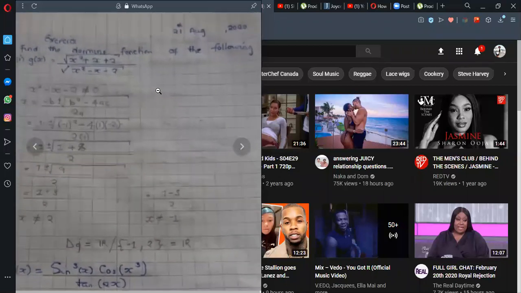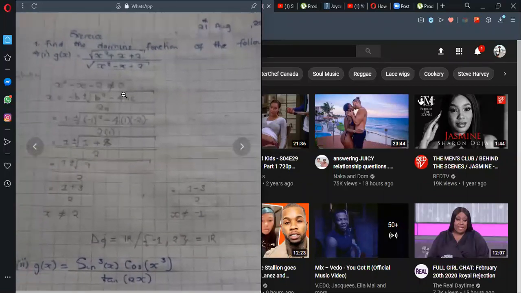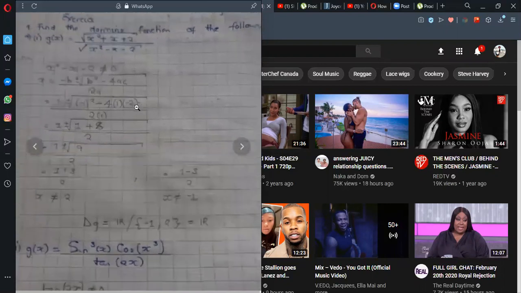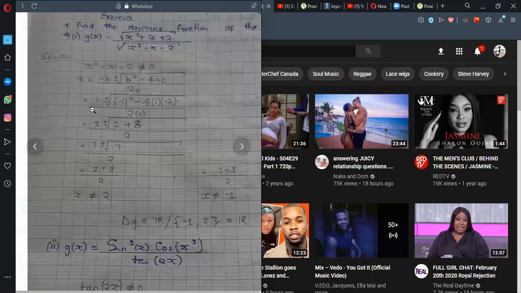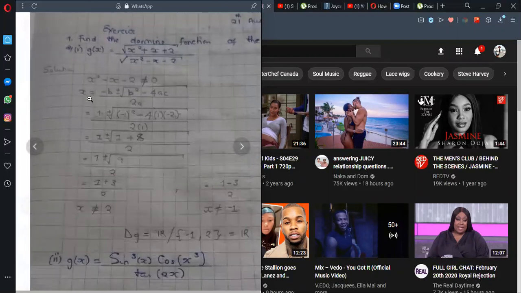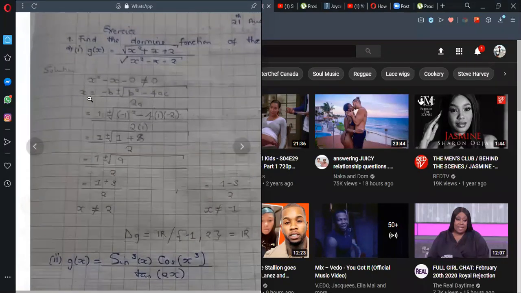Here they used the formula x equals negative b plus or minus the square root of b squared minus 4ac, over 2a. From the equation x squared minus x minus 2 not equal to 0.